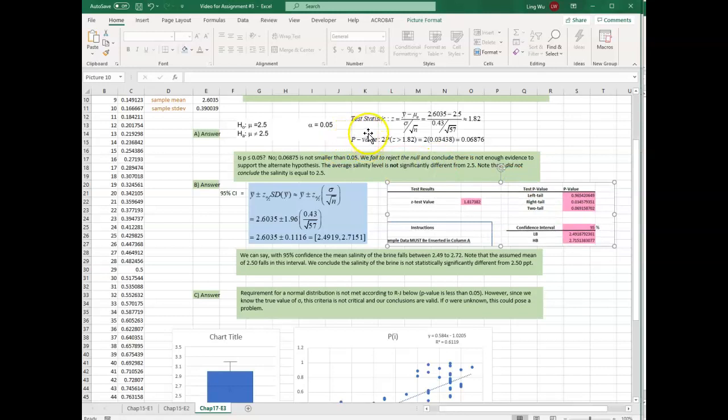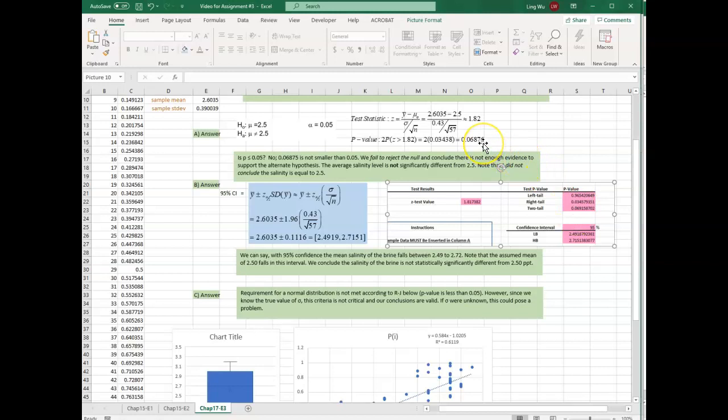The hand calculation test statistic is 1.82, which agrees with our test value 1.817, approximately 1.82. And we already talked about this being a two-sided hypothesis test, so we take the two-tailed p-value, which is 0.06915.